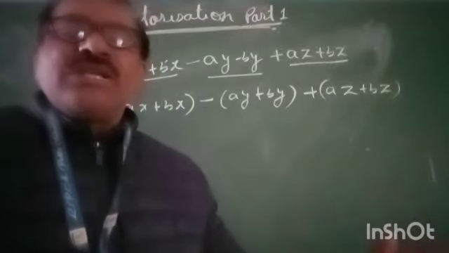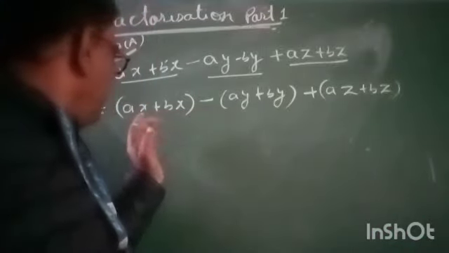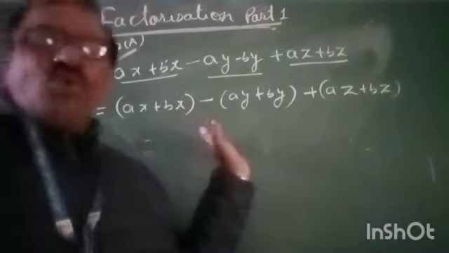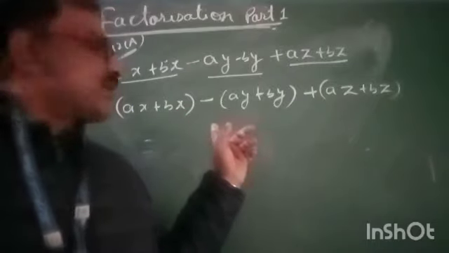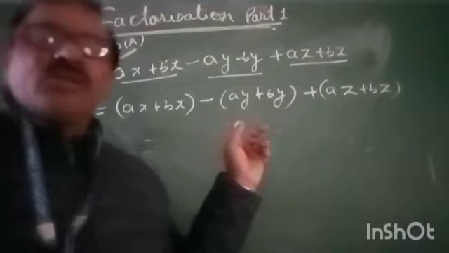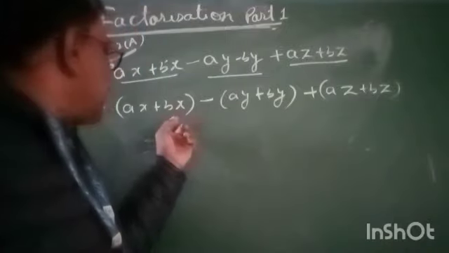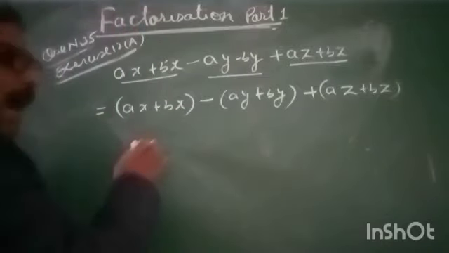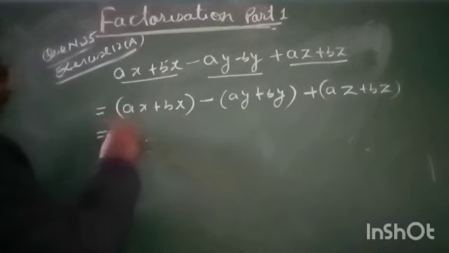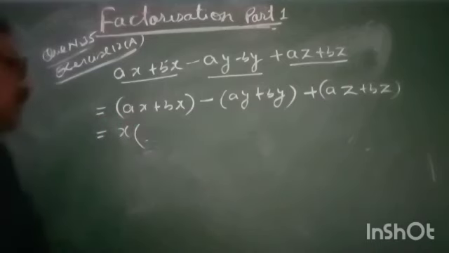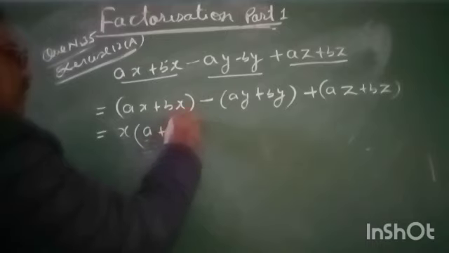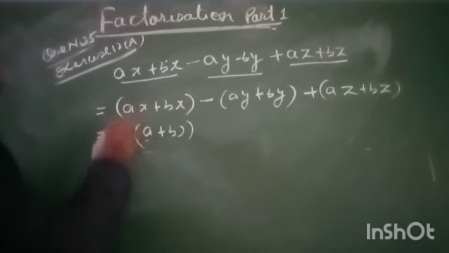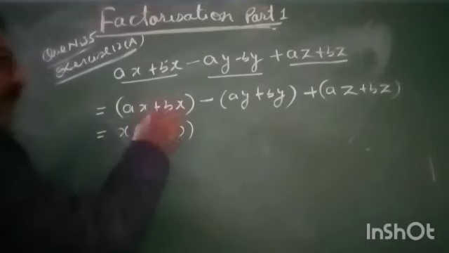So dear student, as you see here, in this group, x is the greatest common factor of ax and bx. So I will take x common out of the bracket. Therefore, in the bracket will be a plus b, because when you divide ax by x, we get a, and when you divide bx by x, we get b.